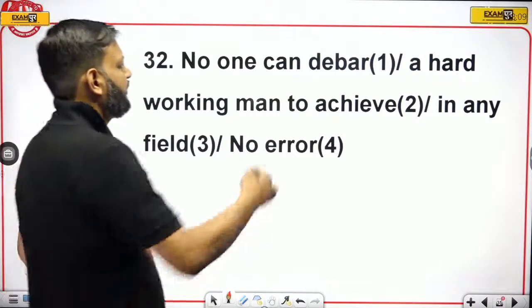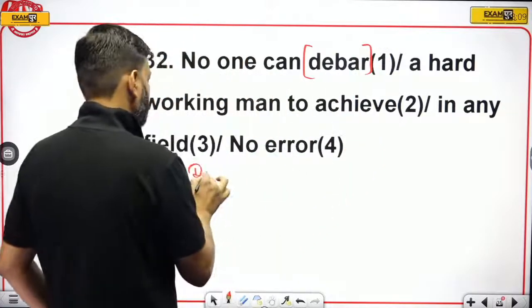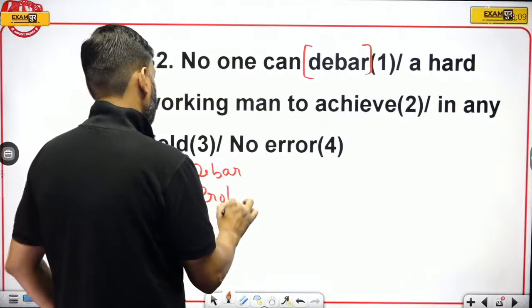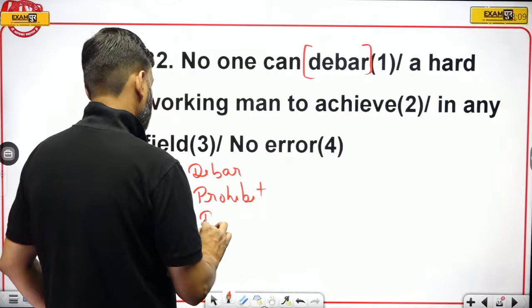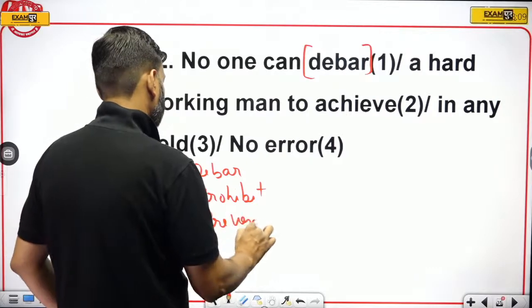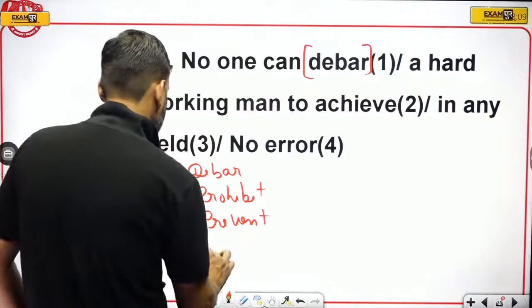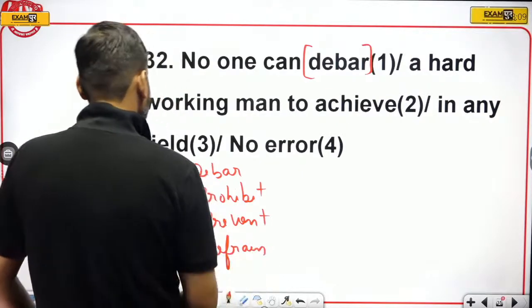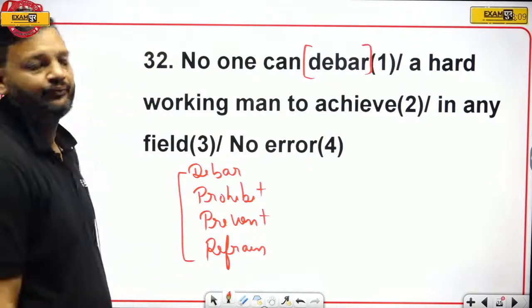See, here the word debar, always remember that debar, prohibit, prevent, refrain, all these words have same meaning.